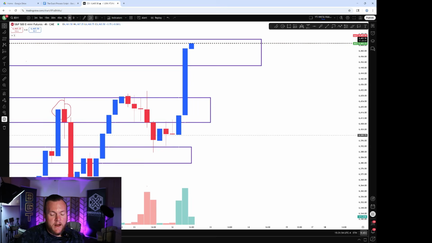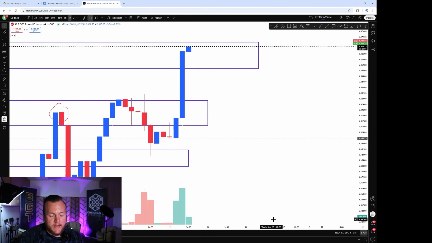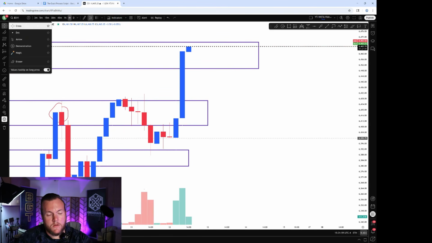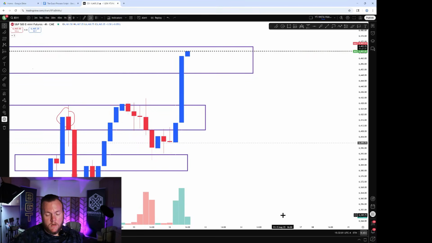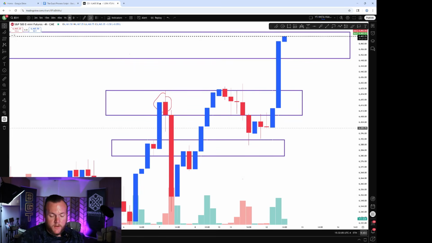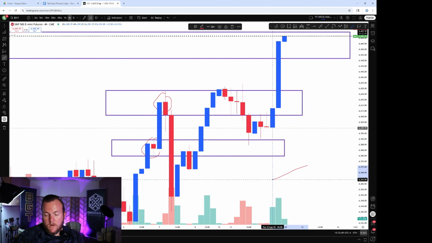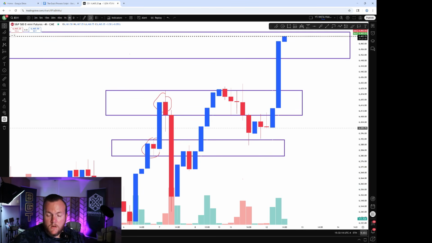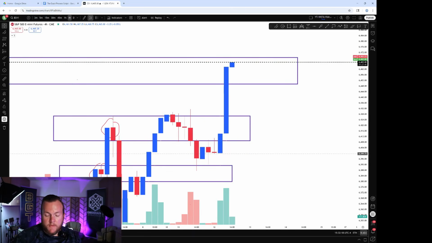Then we came down, again came right down to this lower end demand zone that we formed right here. So we came down to that demand zone and then pushed up from there.